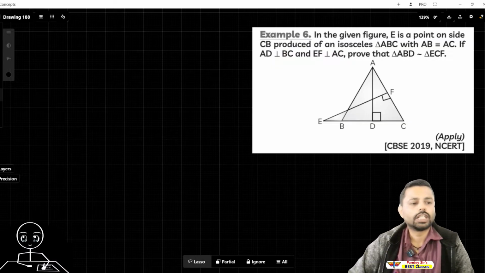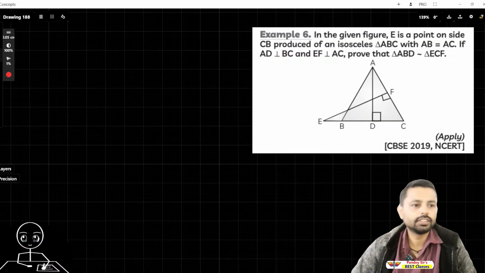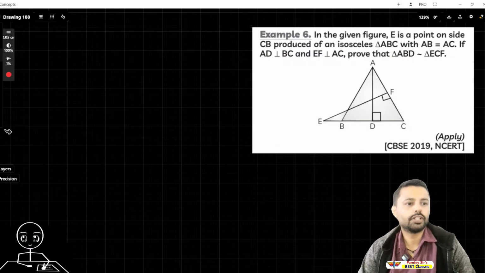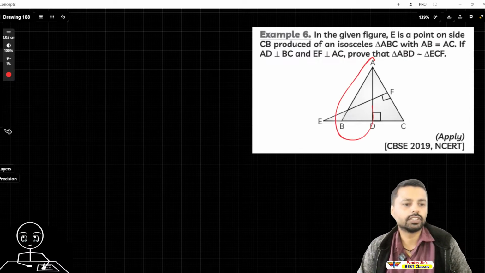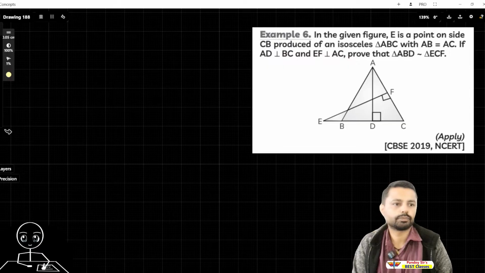Anyway, so in this question, you have to prove ABD is similar to ECF. So ABD is this one, ECF is this one. How will you prove it? Which method will you apply? Think once, and I am already doing it.